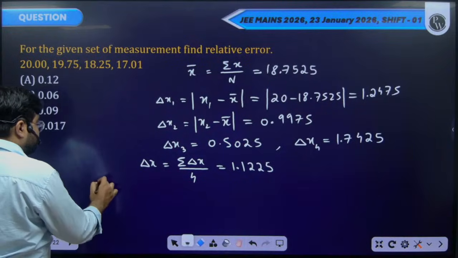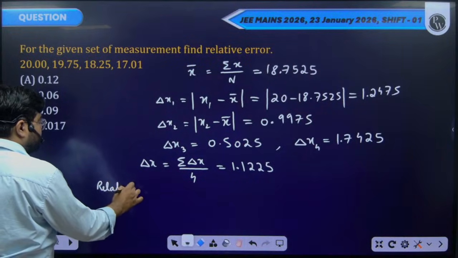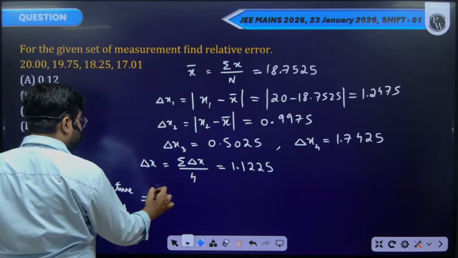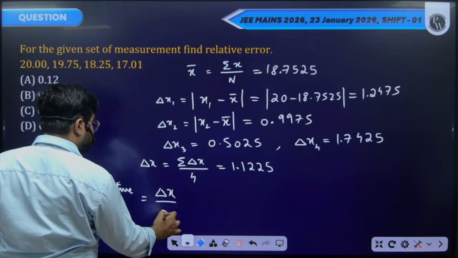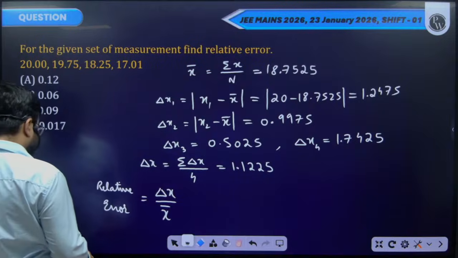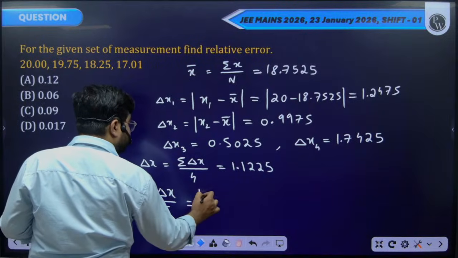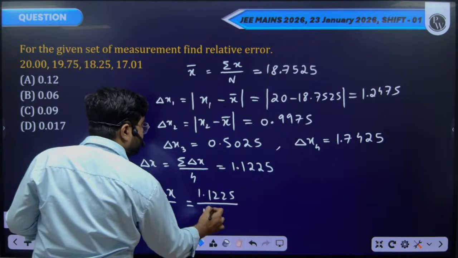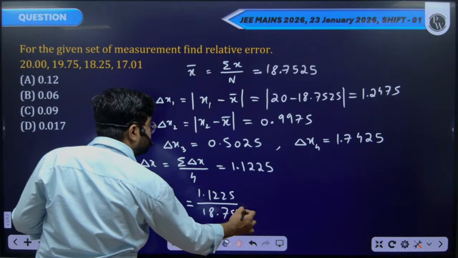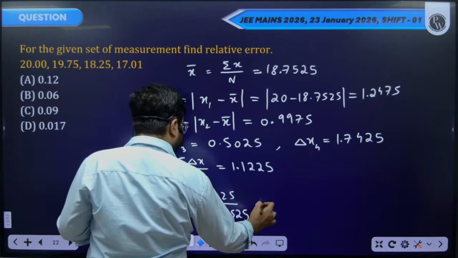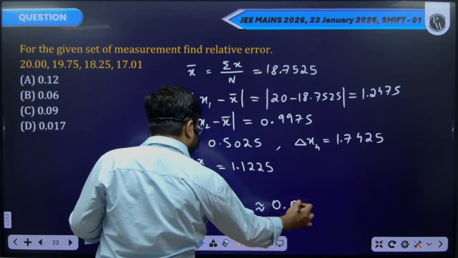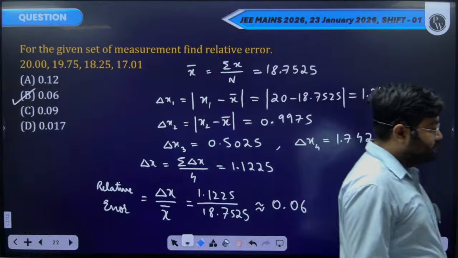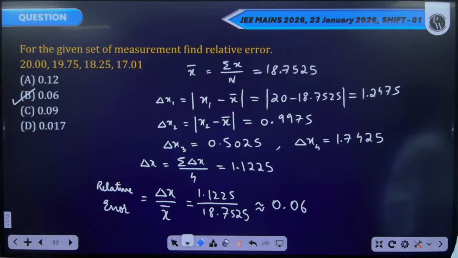So the relative error will be delta x by x bar. This will come out as 1.1225 divided by 18.7525, and this is approximately 0.06. So the correct option is option B. This particular question involves a lot of calculations.